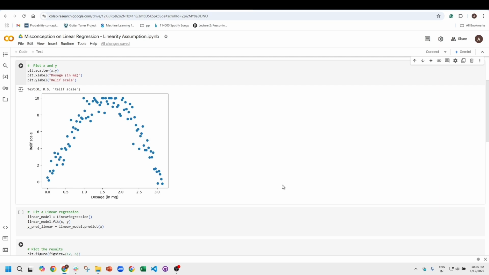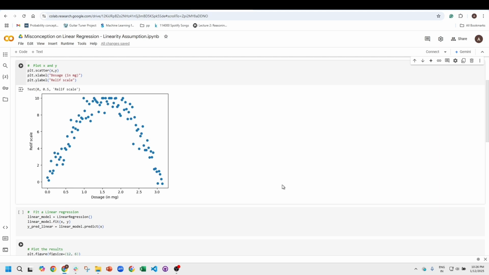From the scatter plot, we can see that the patients receiving close to 0 mg of the drug reported no relief. And as the dosage amount increases, the relief reported by those patients also increases, but only up to a point around 1.5 to 2 mg of that drug. And as the amount of dosage increases beyond that, the reported relief decreases.